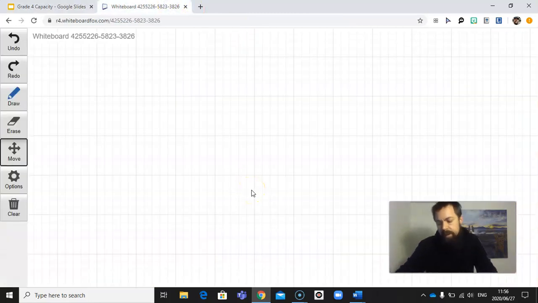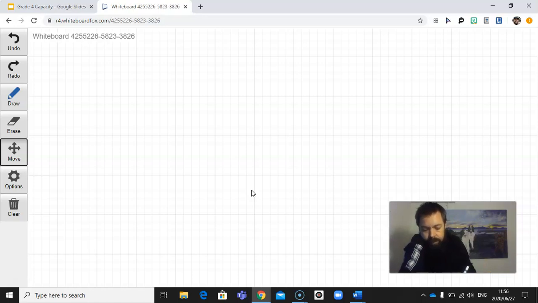So first thing we're going to do is see if you can remember the mnemonic, the poem or sentence that we say in order to remember the various units of capacity. If you make up your own one of these, that's really cool. So King Henry's daughters love delicious caramel muffins.